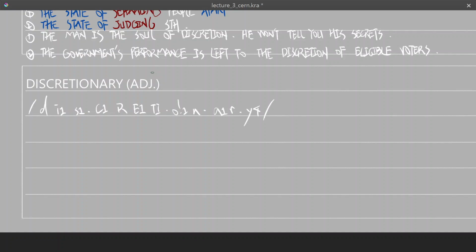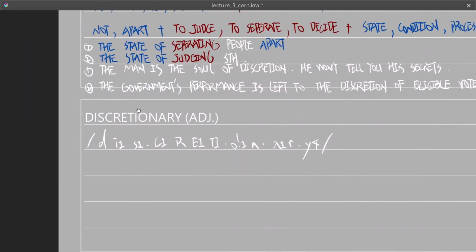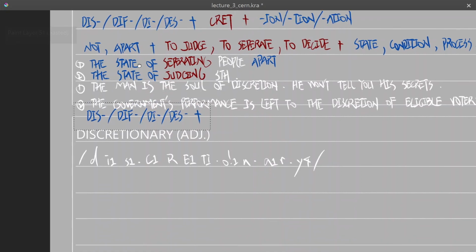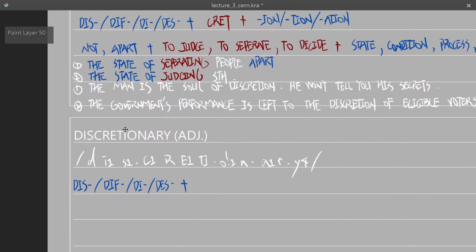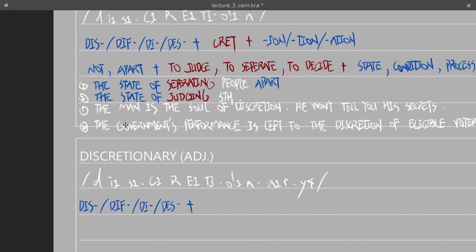Good. Again, we have the prefix dis, like this. Save some time and make copy and paste. A means not, meaning not apart.